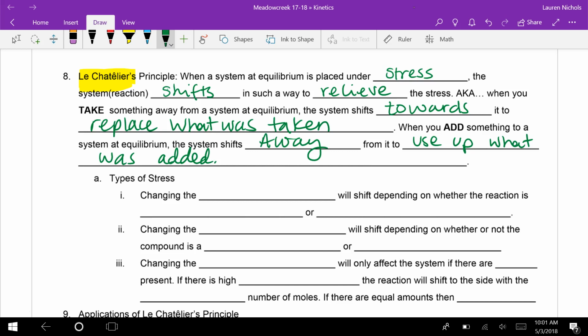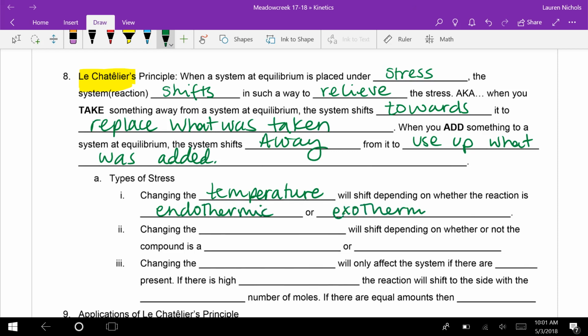So there are a couple types of stress that we're going to talk about. So the first one is about changing the temperature. Now, when we change the temperature, it's going to depend on whether or not the reaction is endothermic or exothermic.